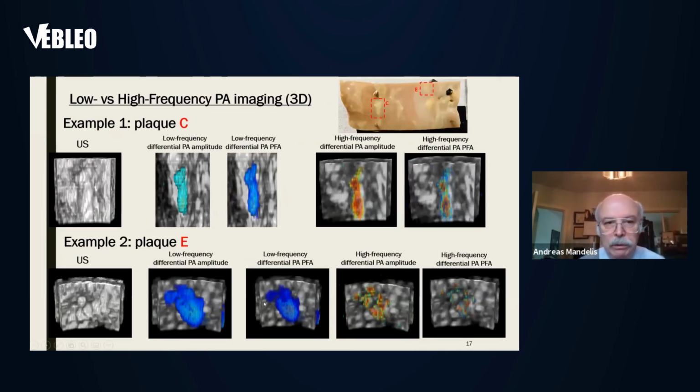And now I'm showing to you essentially what the low versus high frequency responses are. Here on top, I'm showing again the artery from the cadaver, and then the first row shows the ultrasonic signal versus the low frequency differential for acoustic amplitude versus the low frequency differential for acoustic amplitude with the phase filtering.